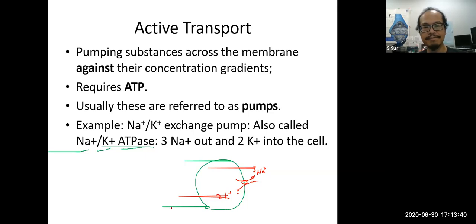So that's the sodium potassium ATPase. All right. Any questions?